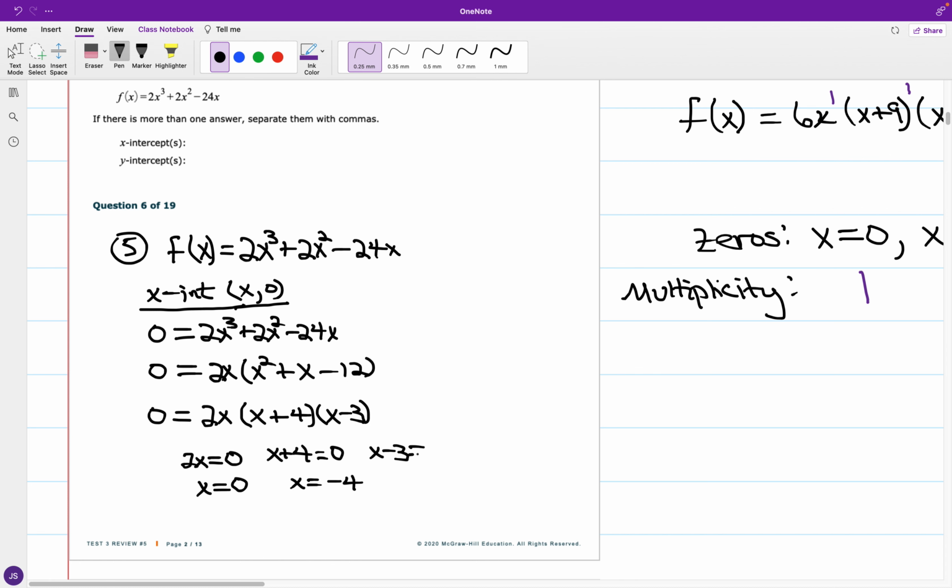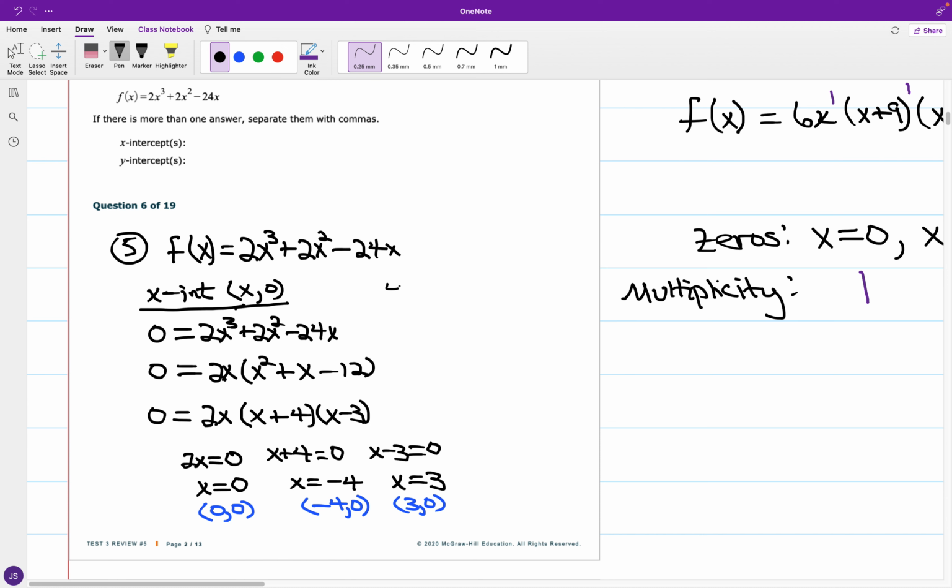And for x minus 3 equal to 0, we're going to have that x is equal to 3. Now, putting it in coordinate fashion, x equals 0 is just going to be the origin. For x equal to negative 4, you have negative 4, 0. For x equal to 3, I'm going to have 3, 0.